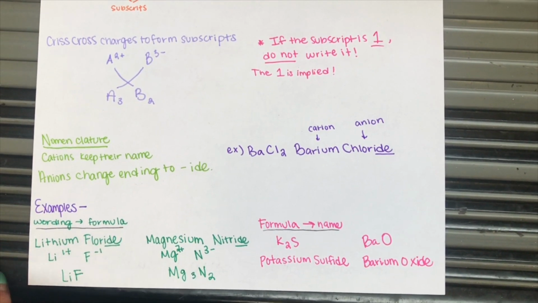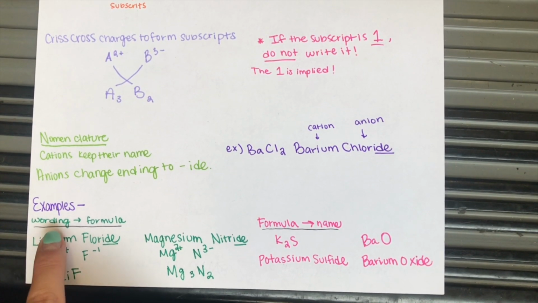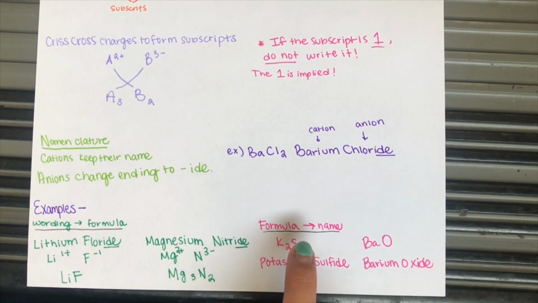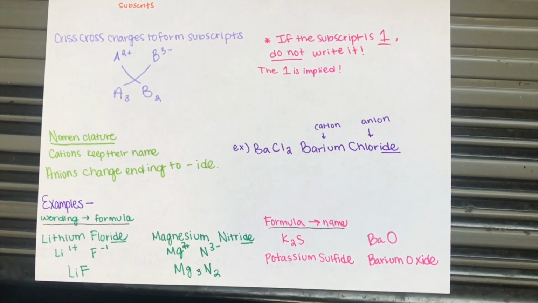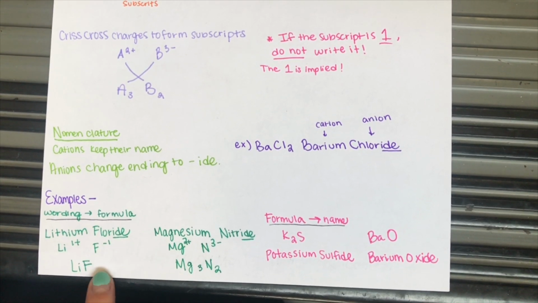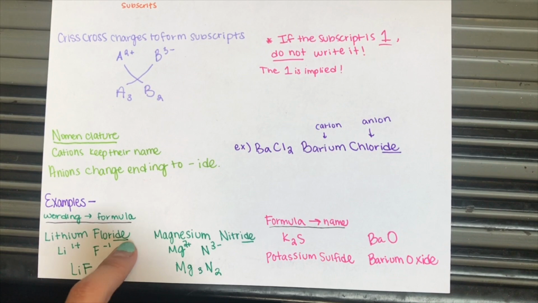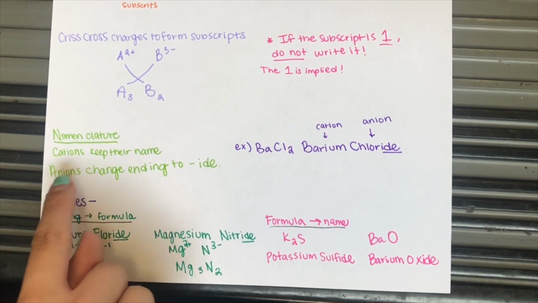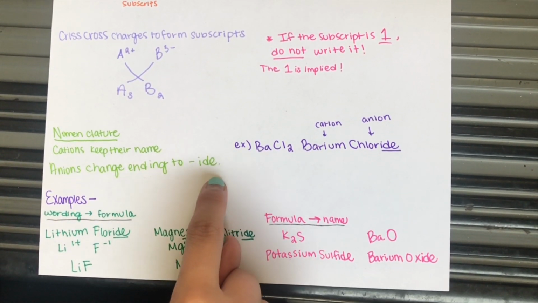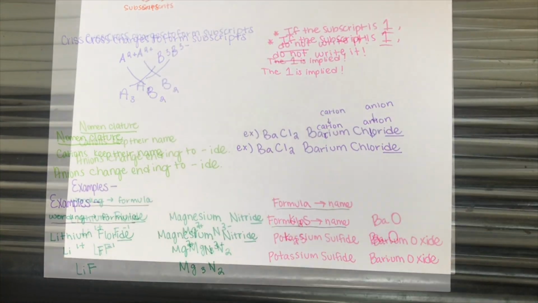Some examples are word to formula and formula to name. Some word to formula examples are lithium and fluoride. Anions change their ending to "ide", and it is fluoride.